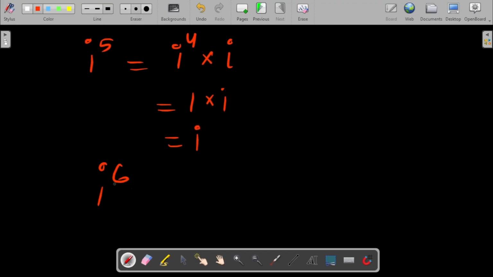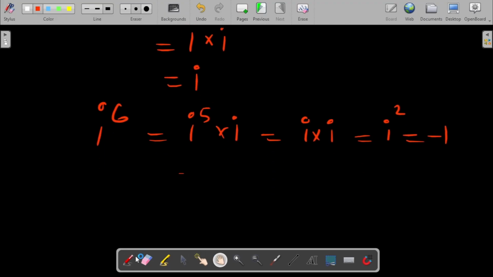Next, i to the power 6. So i to the power 6 is what? i to the power 5 multiplied with i. And we know that i to the power 5 is i, and i multiplied with i, so this equals i square, and we know that i square equals minus 1. Or this can be written as i to the power 4 multiplied with i square.